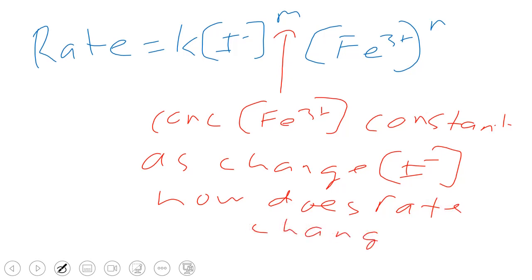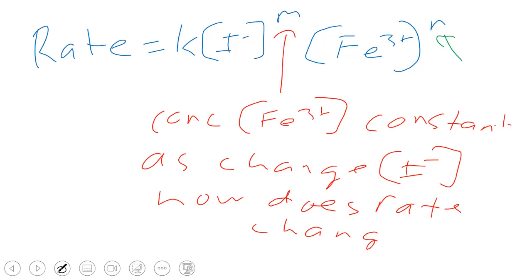And then you're going to do the same thing for iron. You're going to see, as iodide is held constant and we change the concentration of iron, how does our rate change? So that's going to give us m and n.